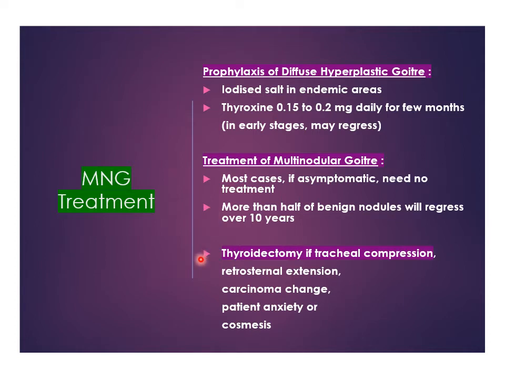If surgery is required, it's usually for pressure symptoms, tracheal compression, esophageal compression, recurrent laryngeal nerve compression, retrosternal extension, malignant change, or the patient is very anxious about having a lump over the neck. And of course, if it is a very large goiter, cosmetic considerations become important.